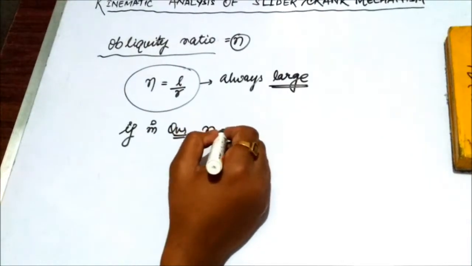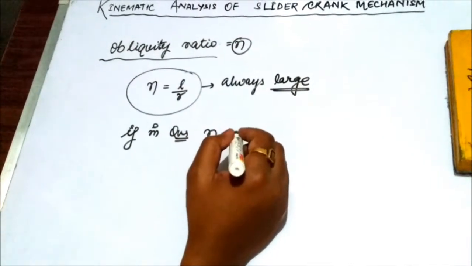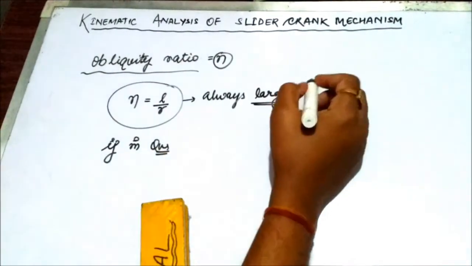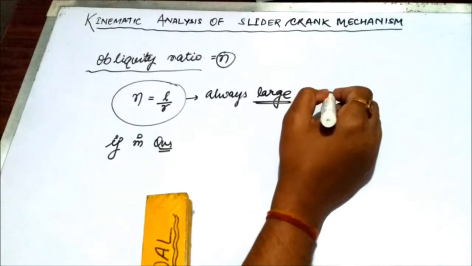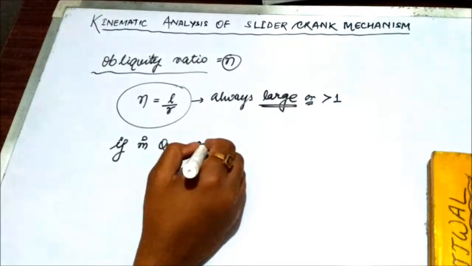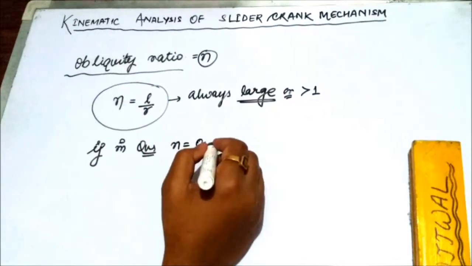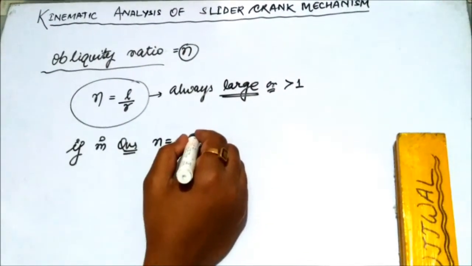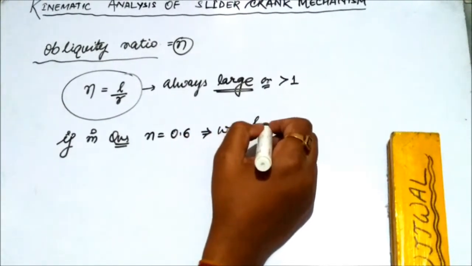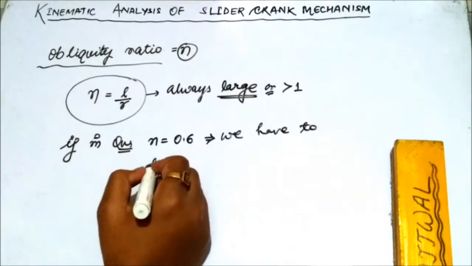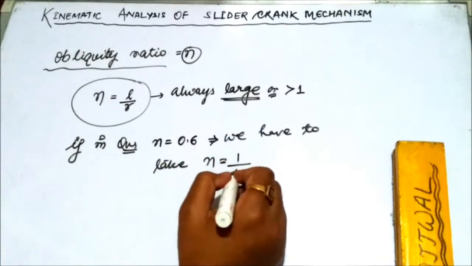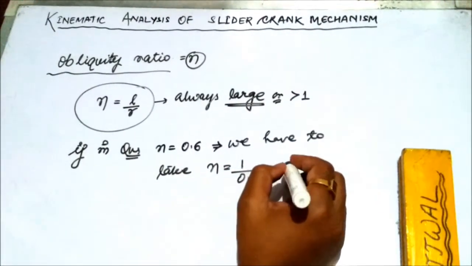Now if in a question we are given n equal to, let's say, 0.6, we have to take the larger value, that is n equal to 1 by 0.6, that is 10 by 6, or 1.66. This is our obliquity ratio.